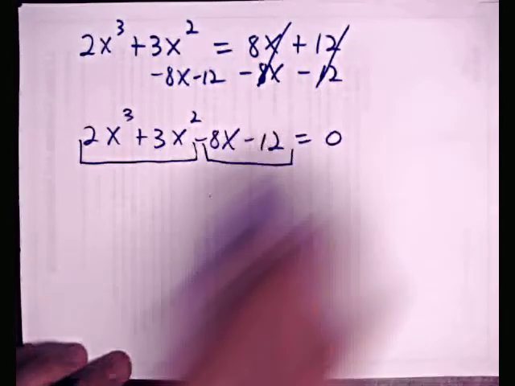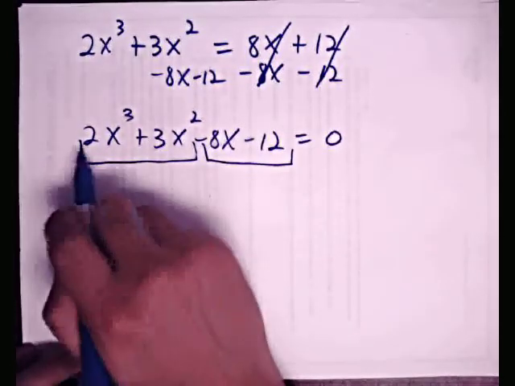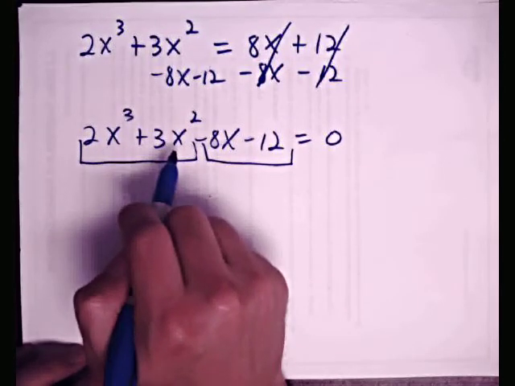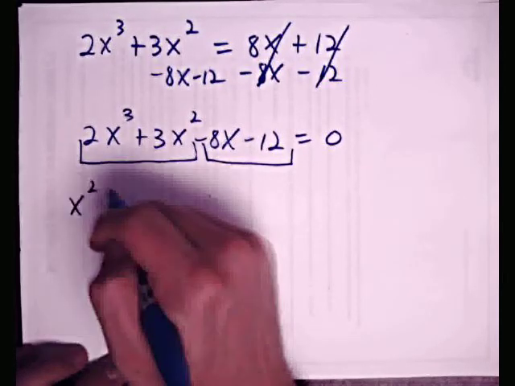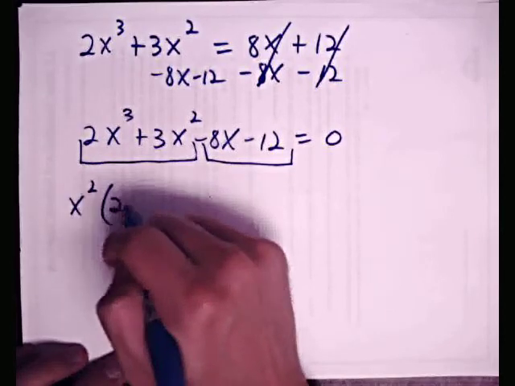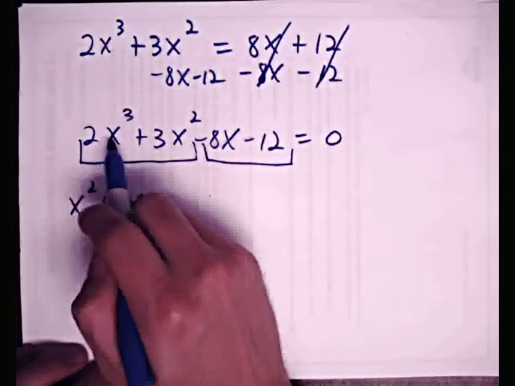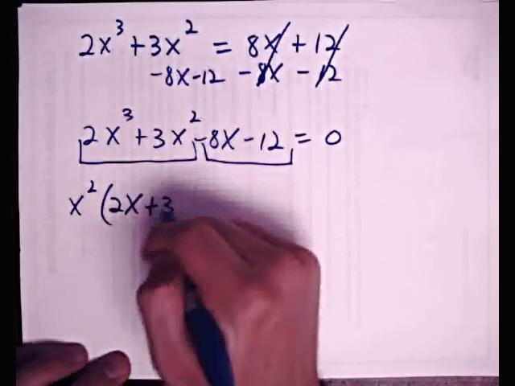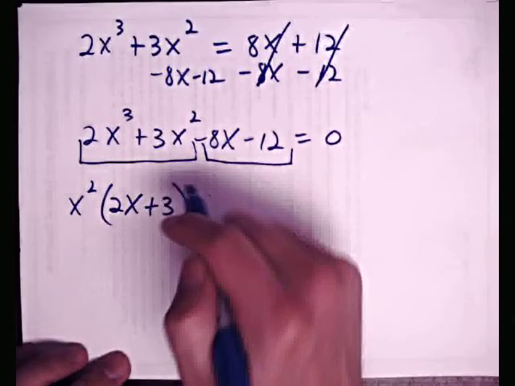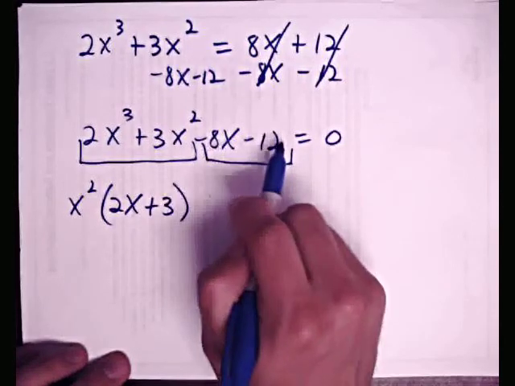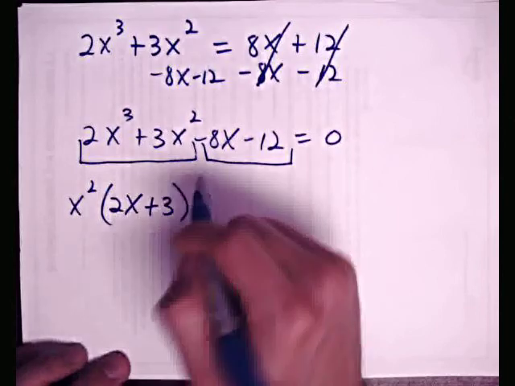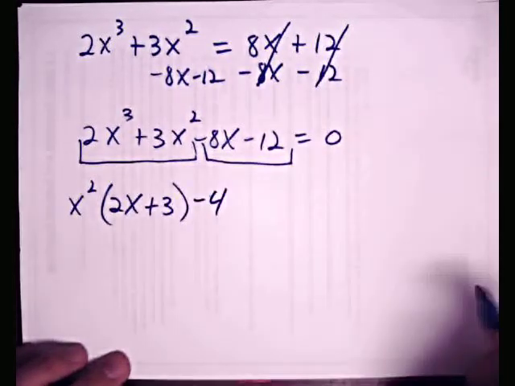We've got the first 2 terms and the second 2 terms. 2 and 3 don't have a common factor, but from x cubed and x squared, we can factor out an x squared. If we do that, we're left with 2x from our first term. And if you factor x squared out of 3x squared, you'll be left with just 3. In our second group, negative 8 and negative 12 are both divisible by 4. And to have 2 positives after we factor, let's factor out a negative 4.